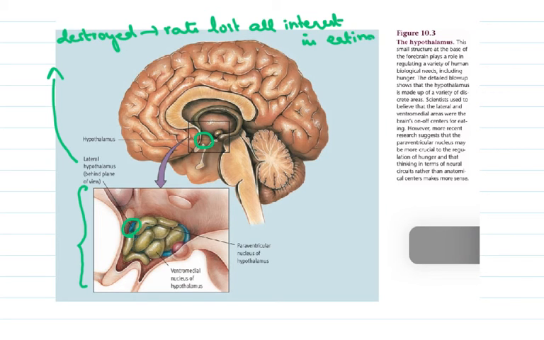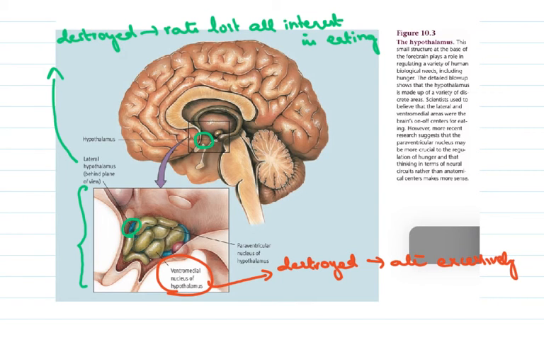Whereas if you have the other bit of it, the ventromedial nucleus of the hypothalamus, and this was lesioned, or destroyed, these rats ate excessively and gained a lot of weight.